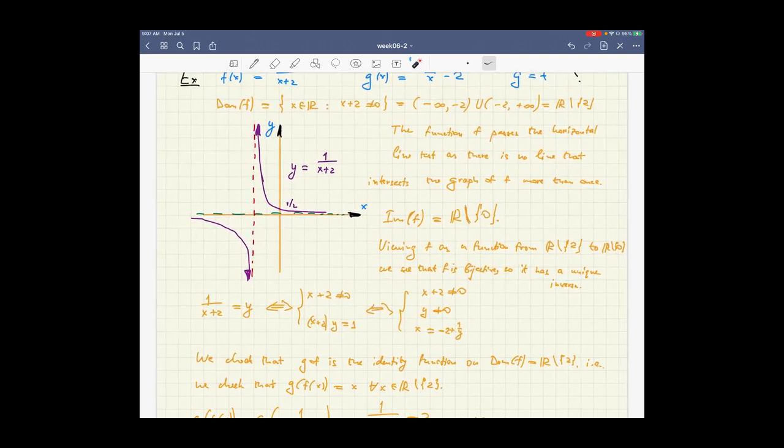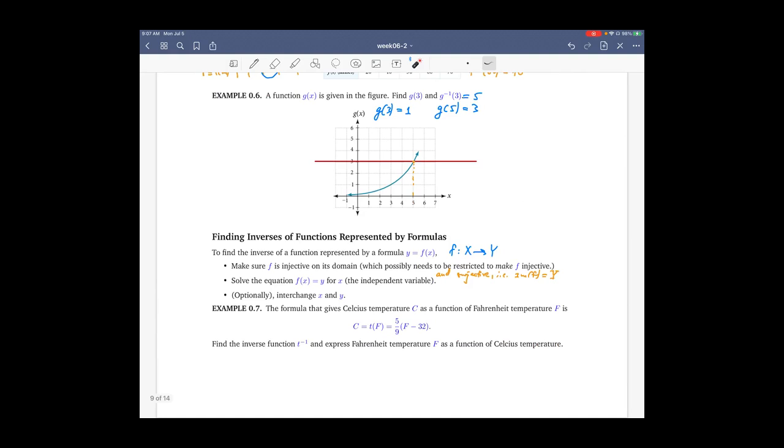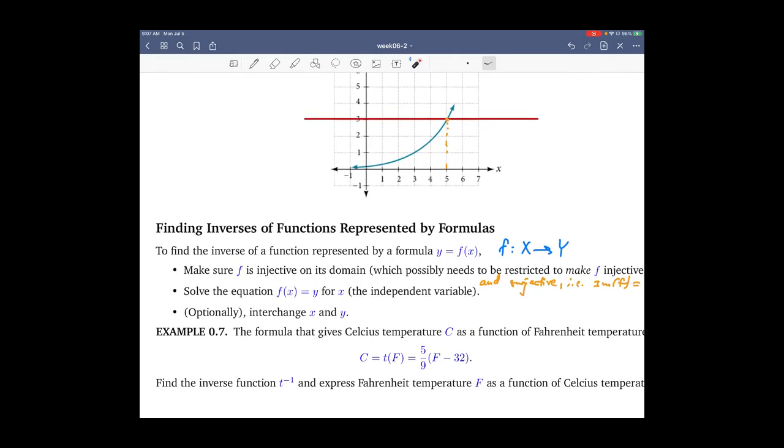That's exactly what needs to be done in general to find the inverse of a function given by a formula. You solve the equation f at x equals y for an arbitrary y, you solve it for x. And then typically for simplicity, we interchange the roles of x and y.